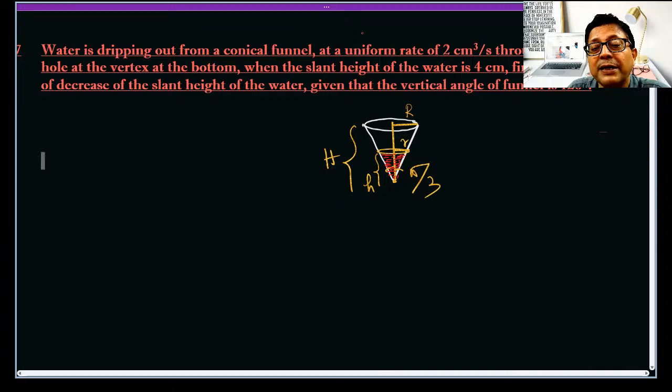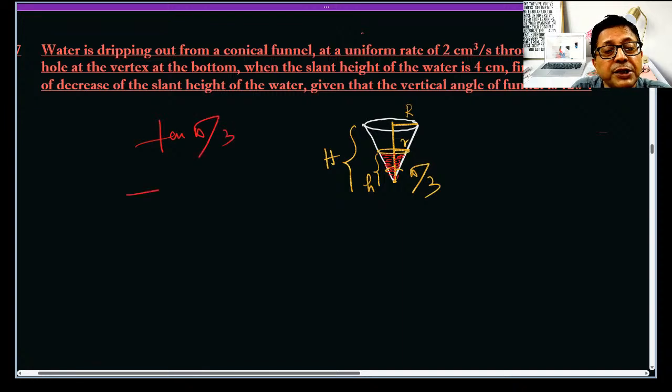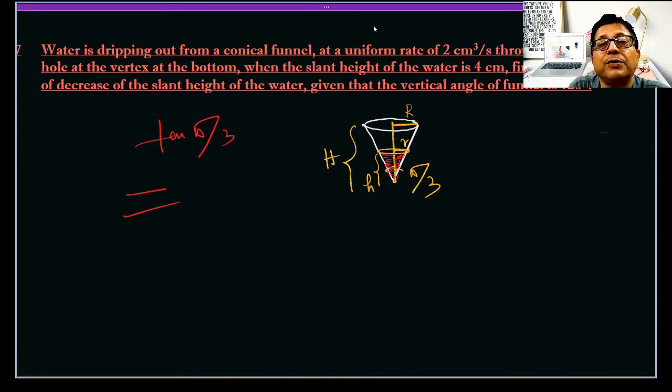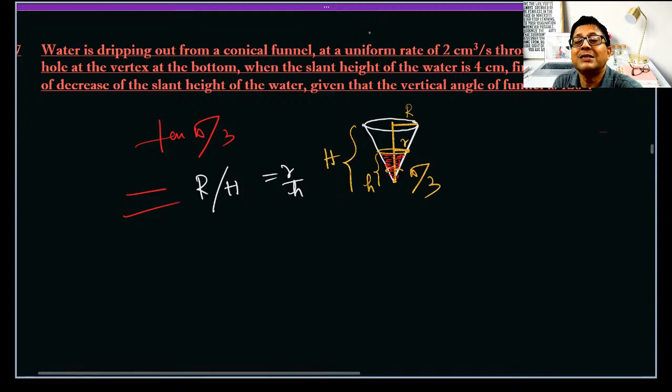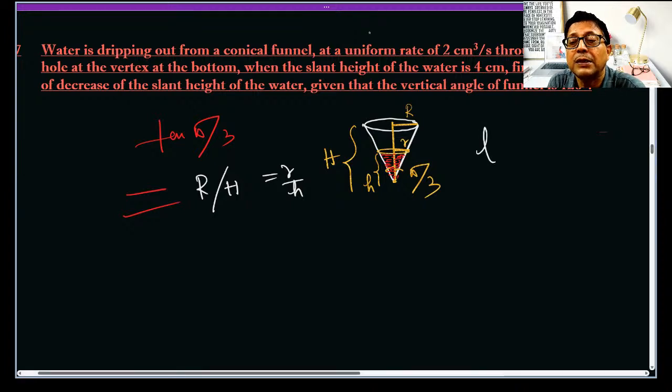Since the semi-vertical angle is pi by 3, in this diagram tan pi by 3 is what? R by H. This is nothing but small r by small h. Okay. What is the slant height over there?